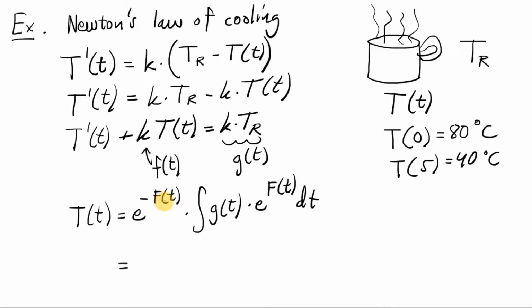Now f of t is just the antiderivative of this constant here. So that's just kt. G of t was just this constant that we put here. And here we have the antiderivative again. Here we have a constant that we can take in front.